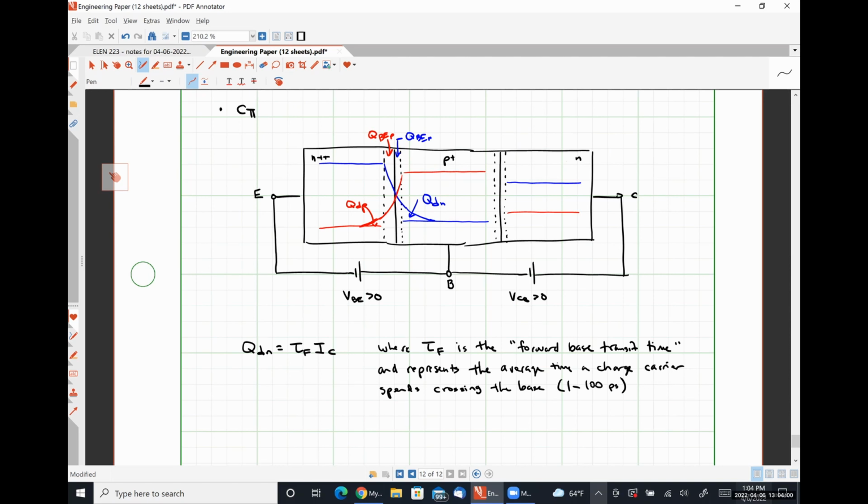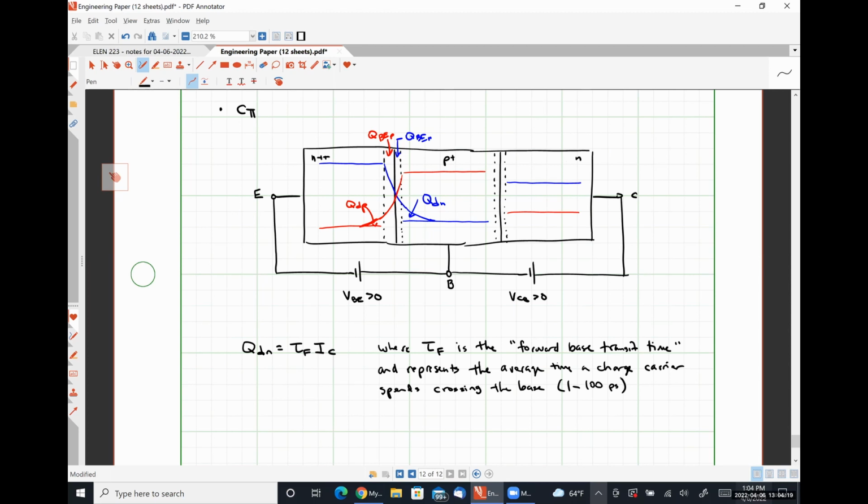Since our collector current IC is exponentially related to our voltage VBE, QDN must also depend on VBE.